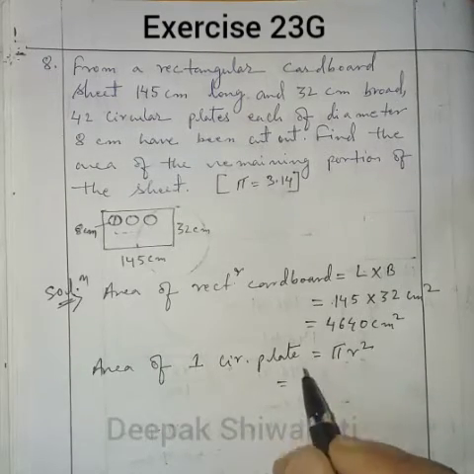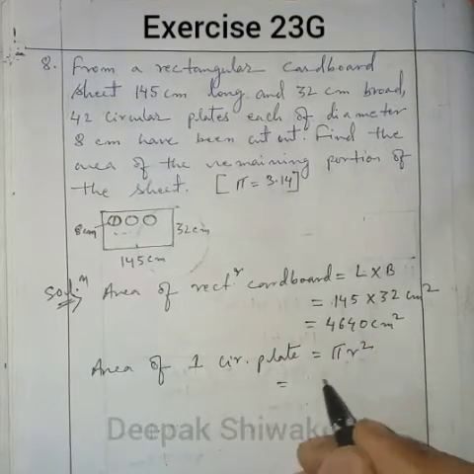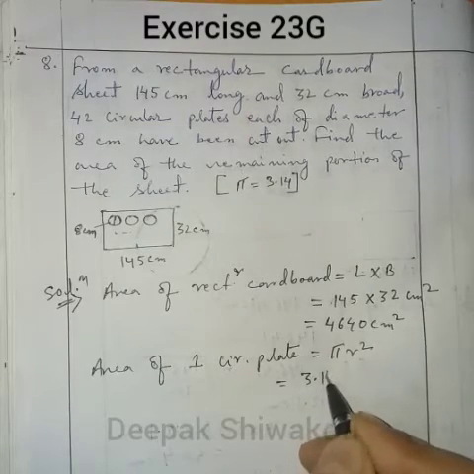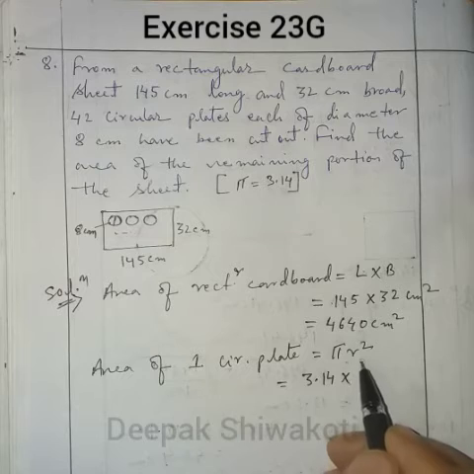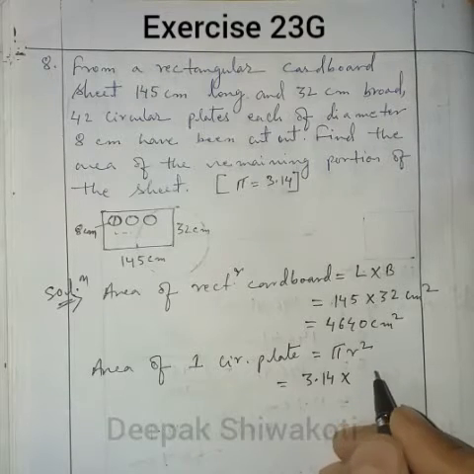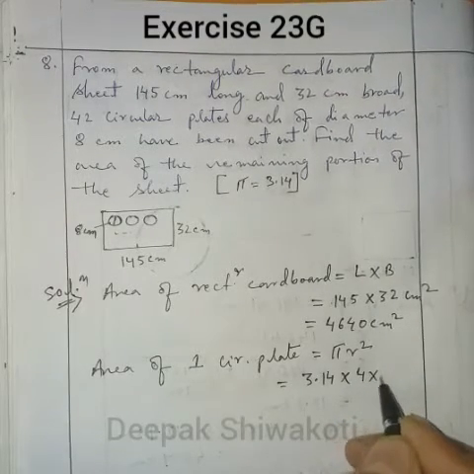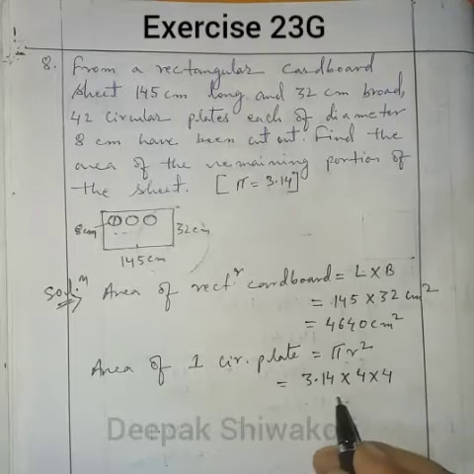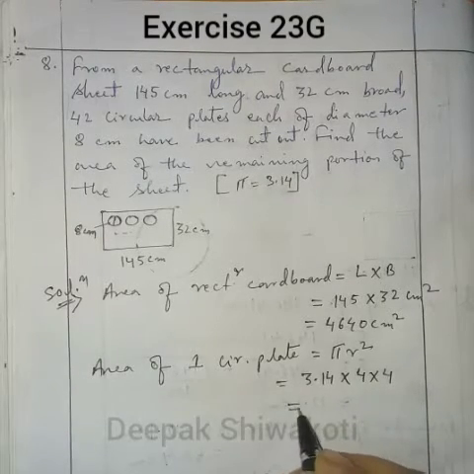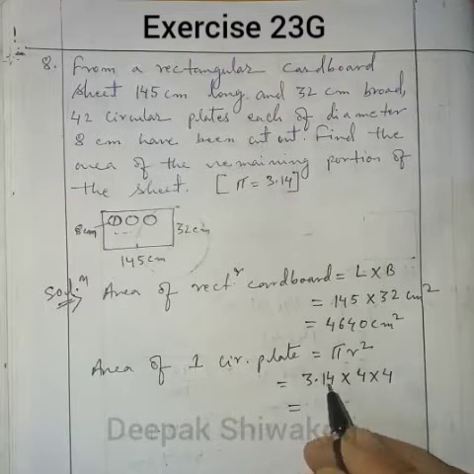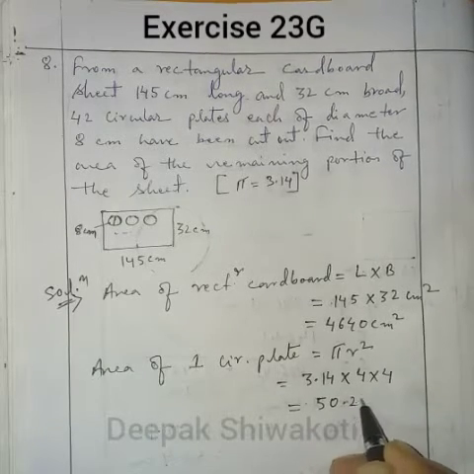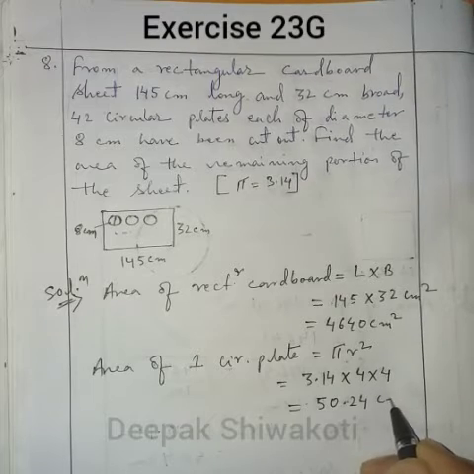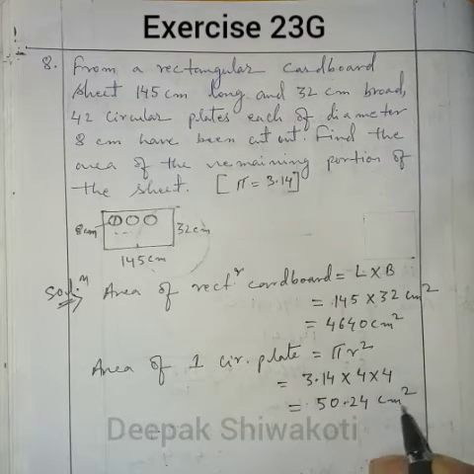So pi we will take here as 3.14, into your radius 4 into 4. Multiply this and get the area of one circular plate, that is 50.24 centimeter square.